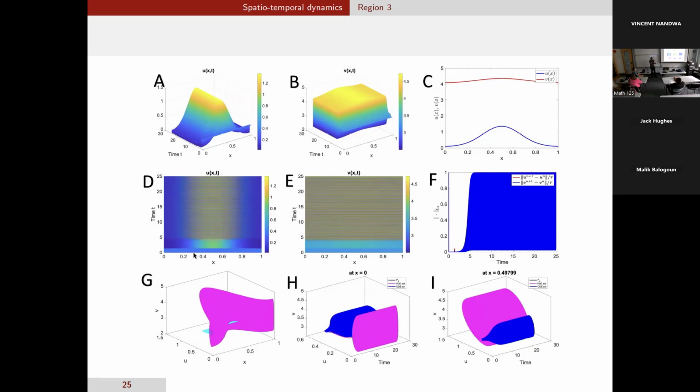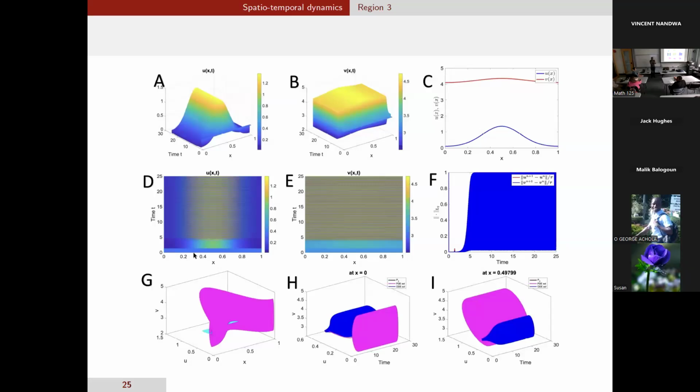It only forms much later. If you look at D, for example, in this region, there is no limit cycle. It's a formation of a pattern. The system is trying to form a pattern. That's the first thing. It recognizes that the diffusion-driven instability conditions are satisfied, and it wants to go to this pattern. So that's the first thing: the formation of a pattern.